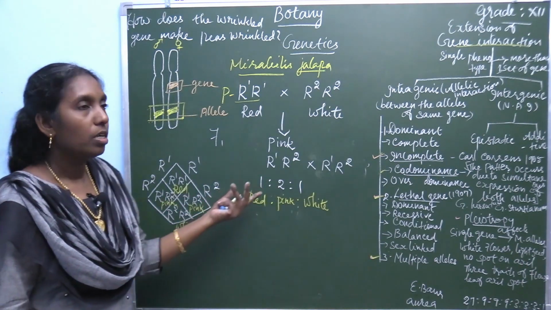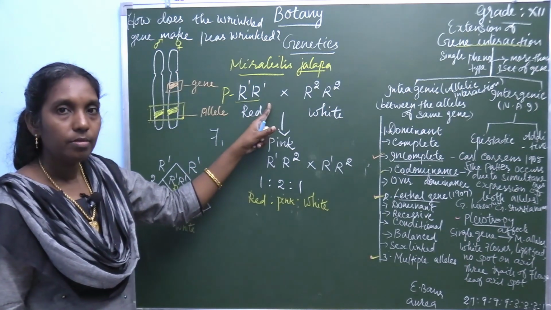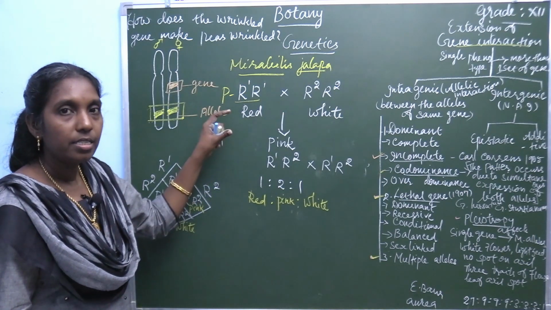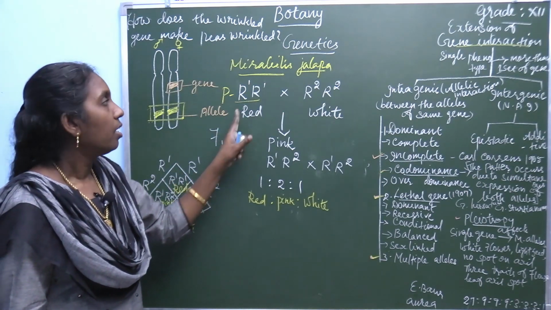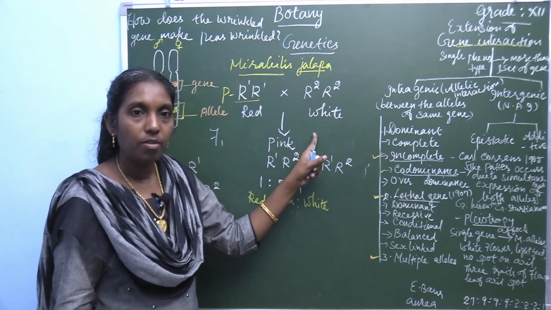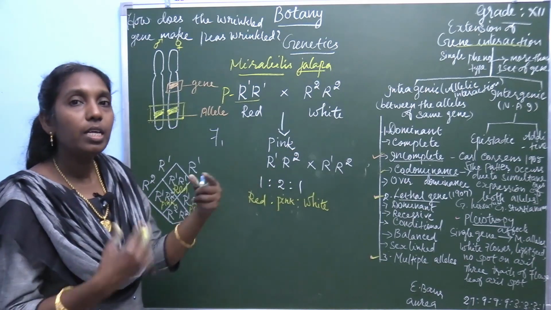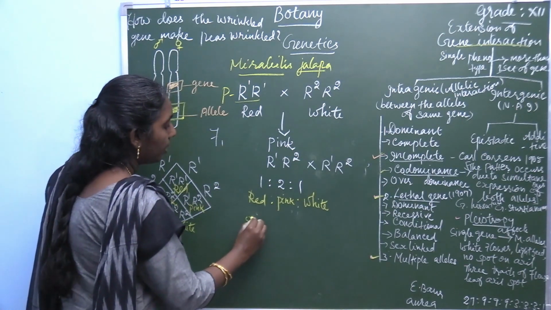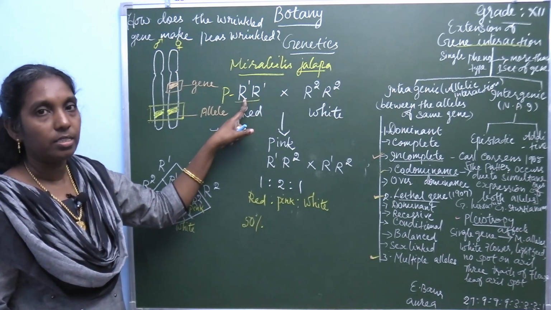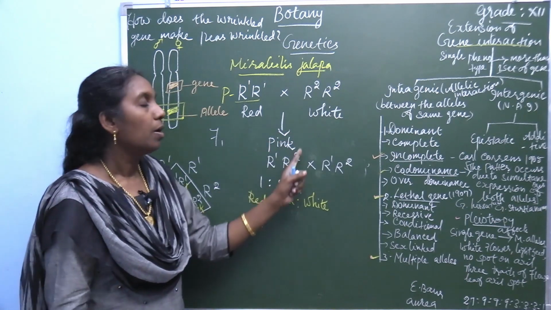So, what is the molecular explanation? This R1, R1, the dominant gene, produces the enzyme responsible for red. The recessive R2, R2 is responsible for white, and here 50% is expressed. 50% of this R1 is expressed in the F1 generation, and it makes the interaction to become pink.